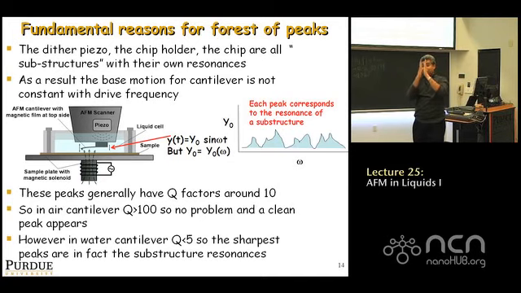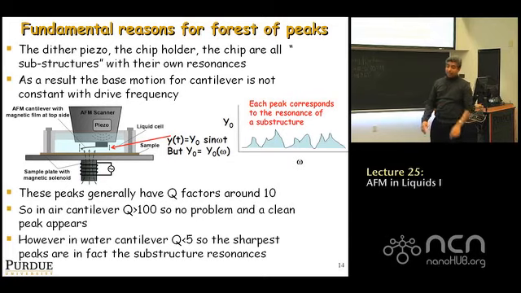Because it's much sharper compared to all these other fluctuations that lie underneath it. If you zoomed in on the side in air, you will see some of these fluctuations, right? But in air, the Q of the cantilever is so much higher than all these other Qs of these resonances that you don't really see the rest. And what you see is a nice clean Q of the cantilever.